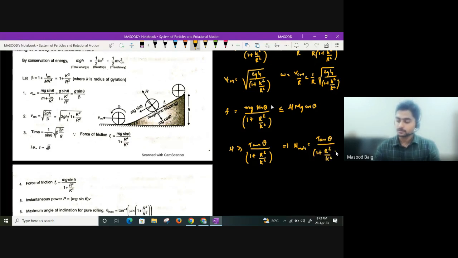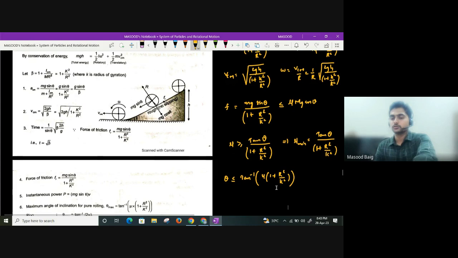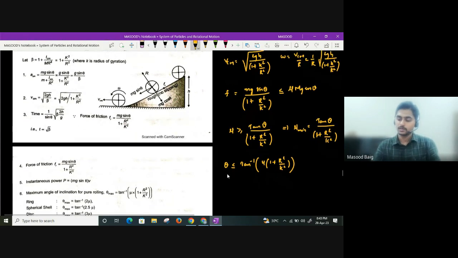They'll also ask you to find what is the angle of inclination for which an object placed on it will perform rolling. So what will it be? You can write it as tan inverse of mu into 1 plus r square divided by k square. From this, you can also find out the maximum angle of inclination for which an object placed on it performs pure rolling.